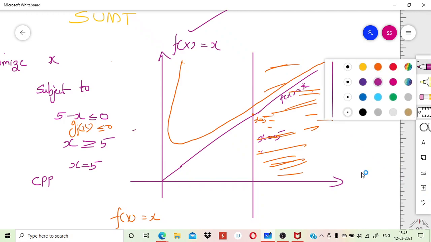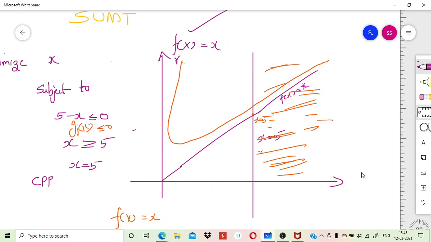For some value of r, for example let me take r equal to 1, our phi of x, r1 for r1 equal to 1 will look like this. The minimum of this phi will be at this point.